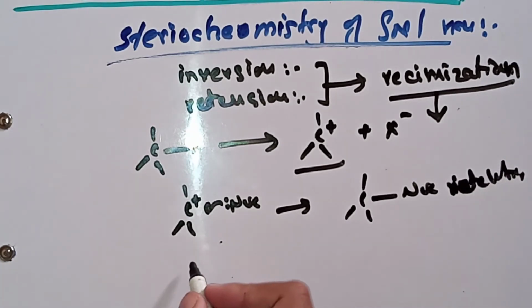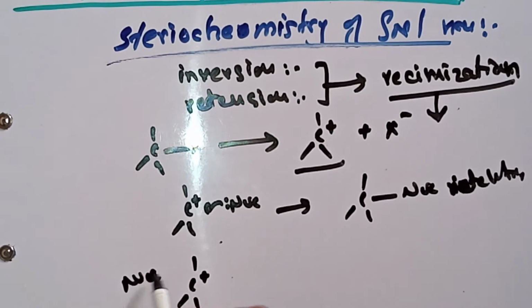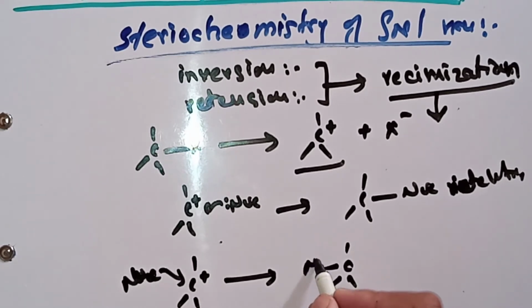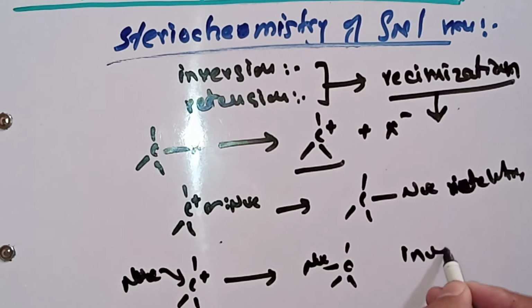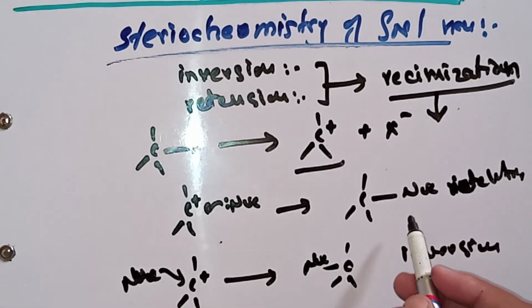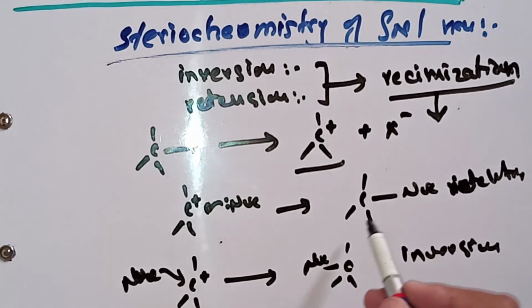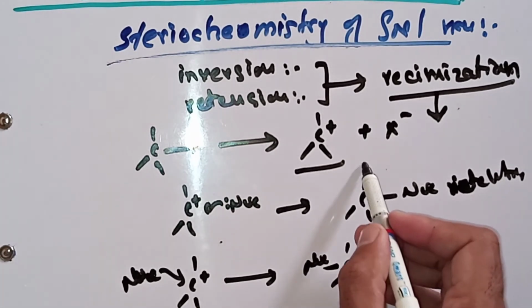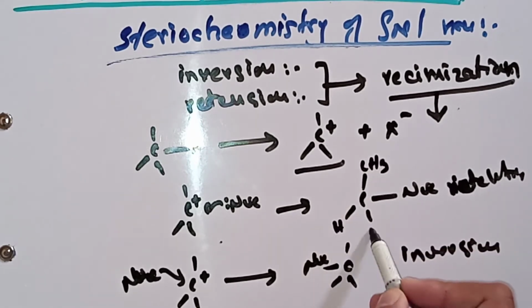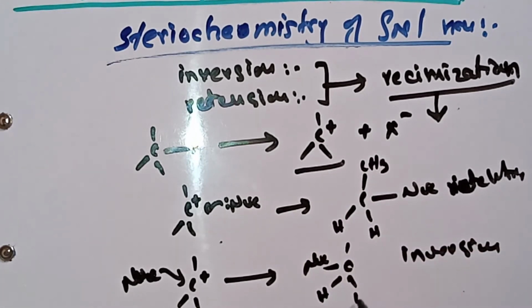In case the nucleophile attacks from the back side, it generates inversion. So let's see the configuration here. In retention, the configuration will be left-handed. Let's suppose there is a CH2 group attached, here is H, here is H, and here is a CH3 group.